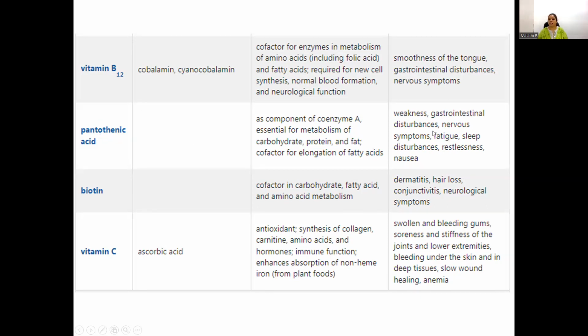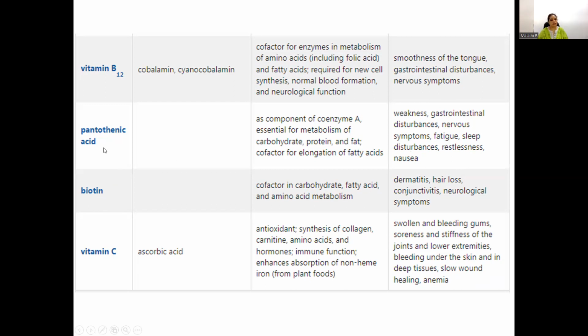The deficiency disorders include weakness, gastrointestinal disturbances, nervous symptoms, fatigue, sleep disturbances, restlessness, and nausea. All these are the deficiency symptoms of pantothenic acid.